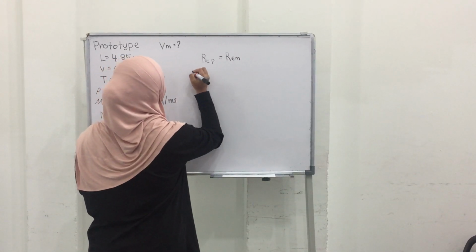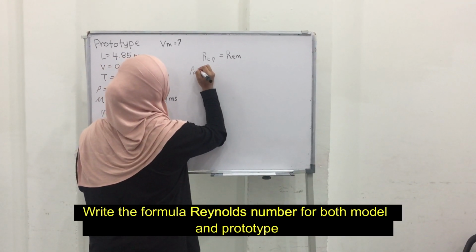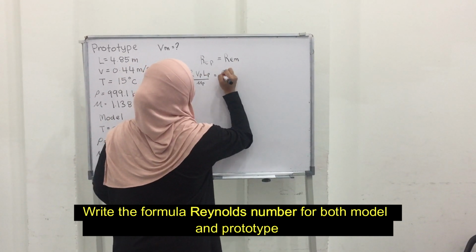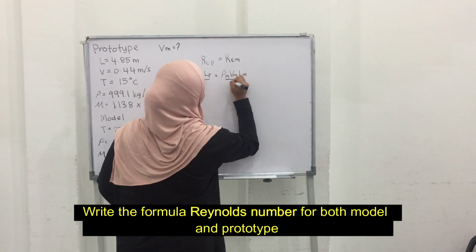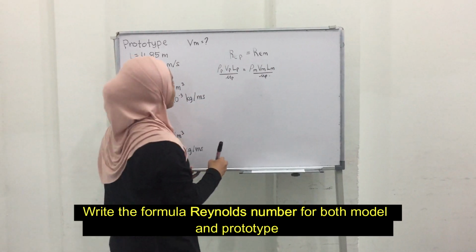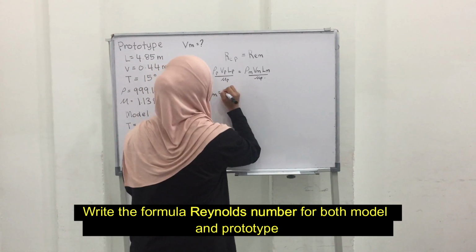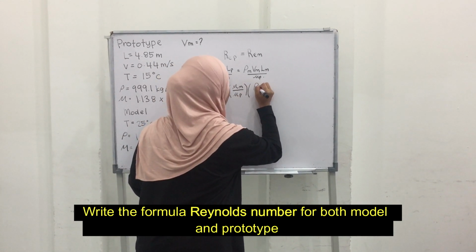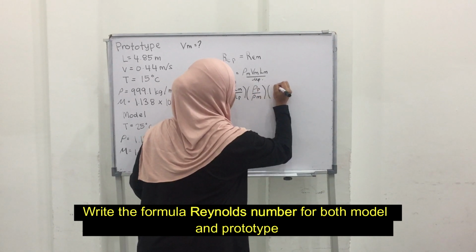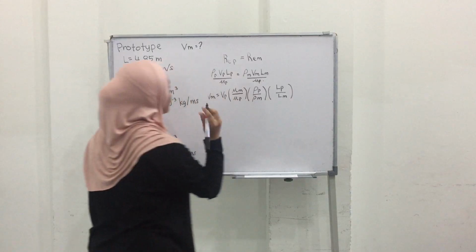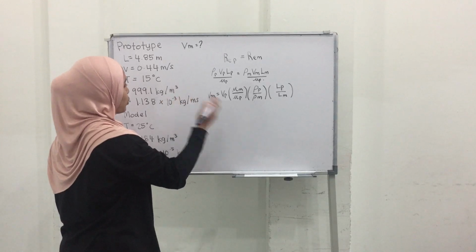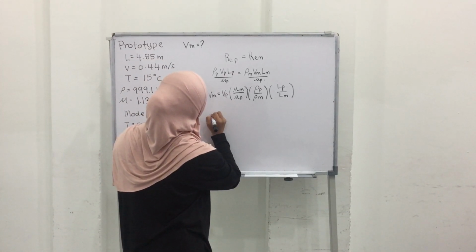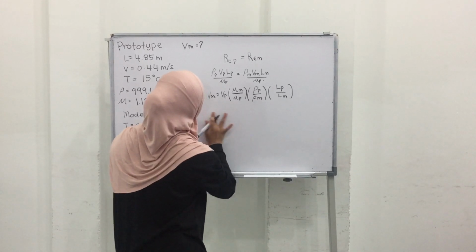So we can equate them. After derivation, we get this equation. So we substitute the information to get the velocity of the model.